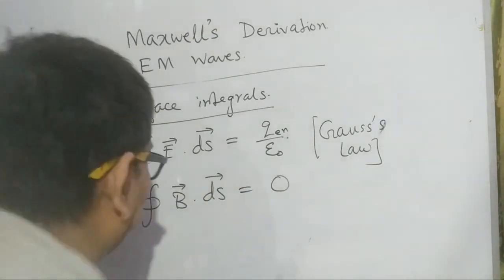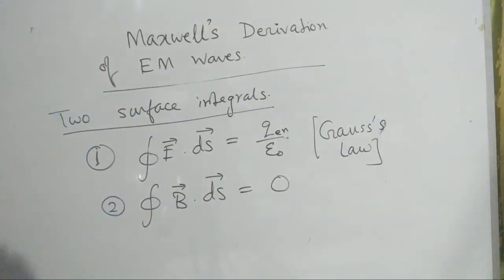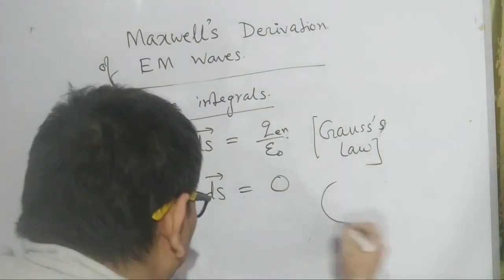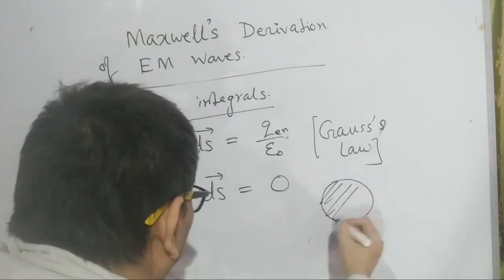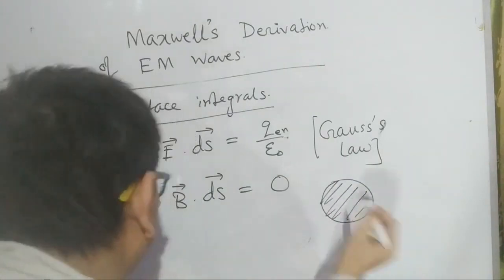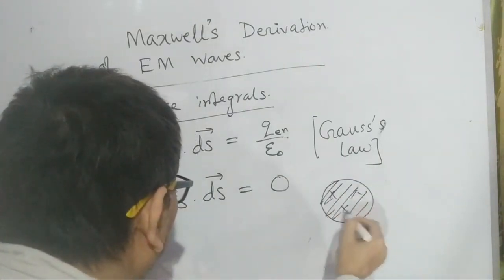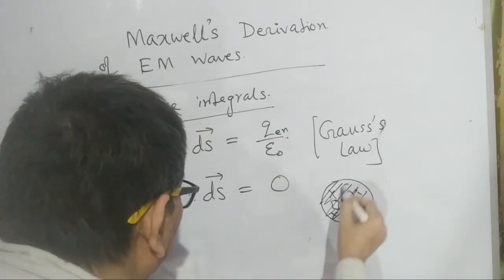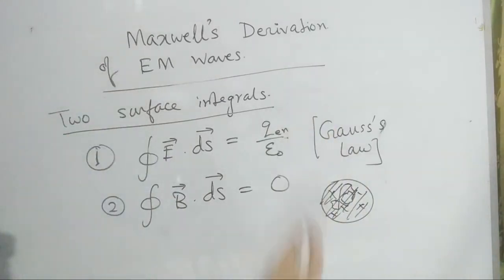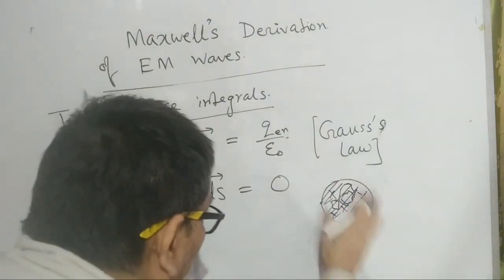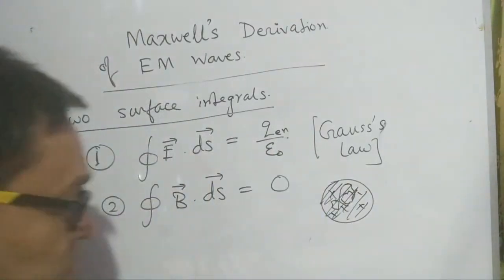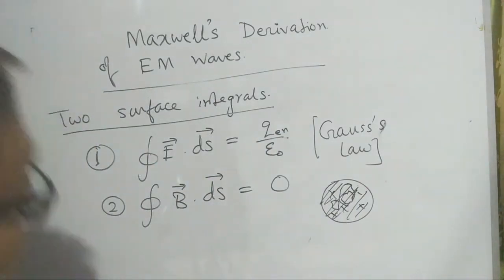You may get some eddy currents, but basically, if magnetic field passes through some solid area, you will get some small loops. These are called eddy current loops. But basically it will have no effect in space, because in space you will not get any solid area. So that's why these two surface integrals will not be used to prove Maxwell's equation.